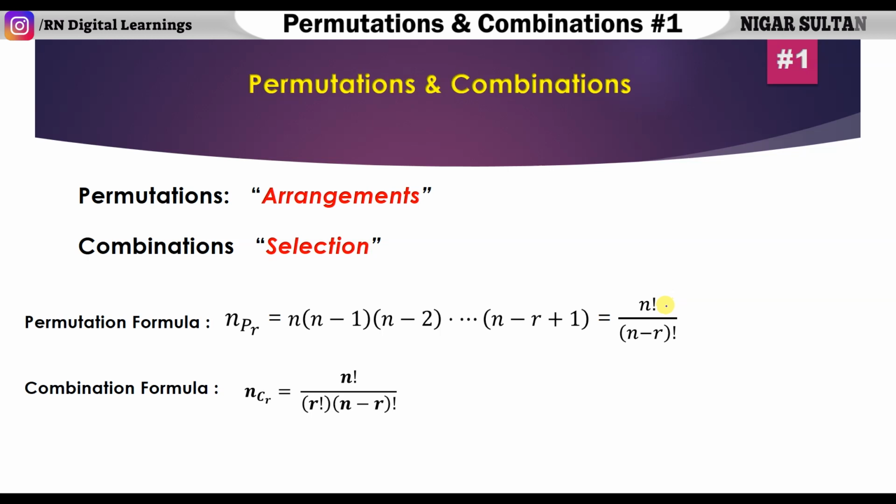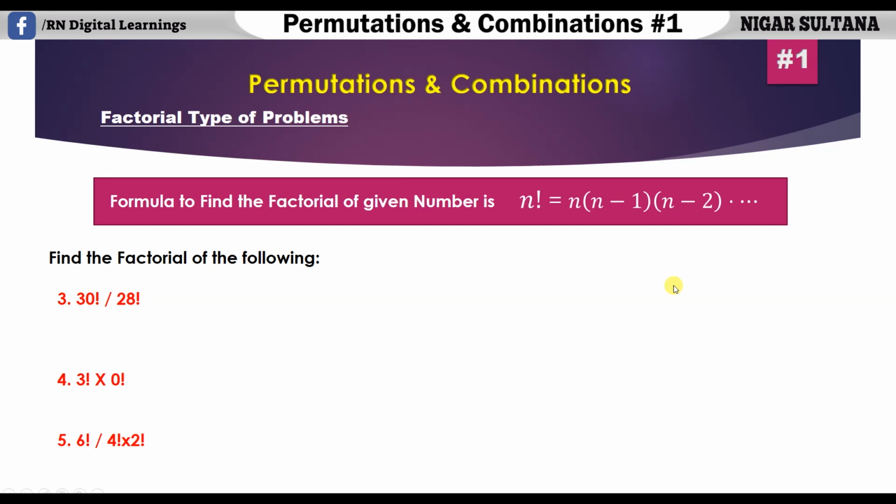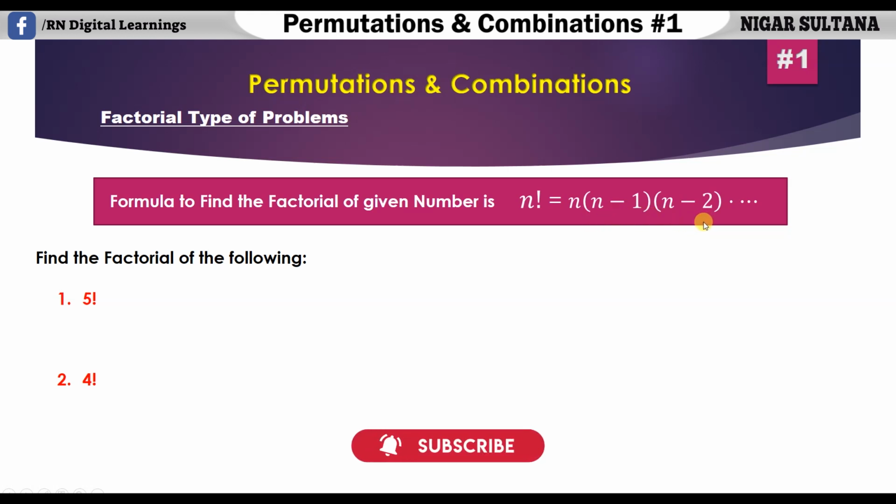When any number is given with a factorial, we need to find the multiplication of all the terms from that particular number down to 1. The formula for n factorial is n into (n minus 1) into (n minus 2) and so on. Suppose we have 5 factorial. 5 is nothing but n here.